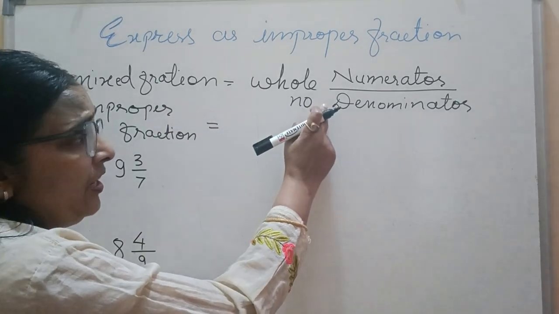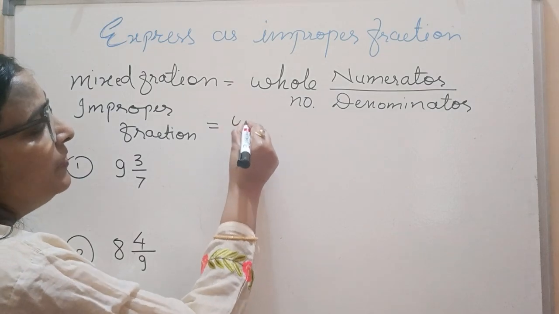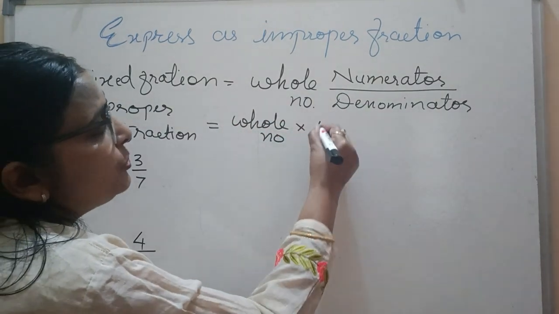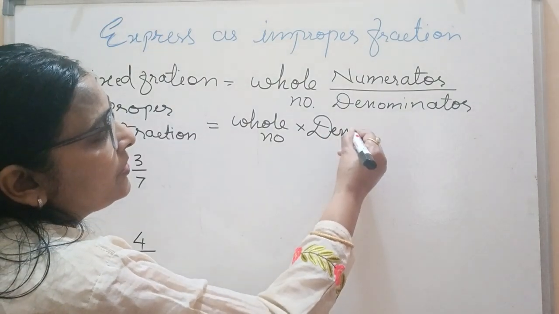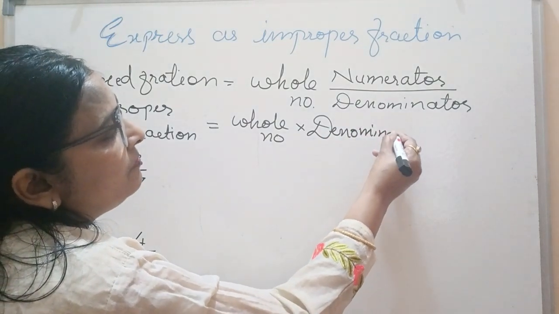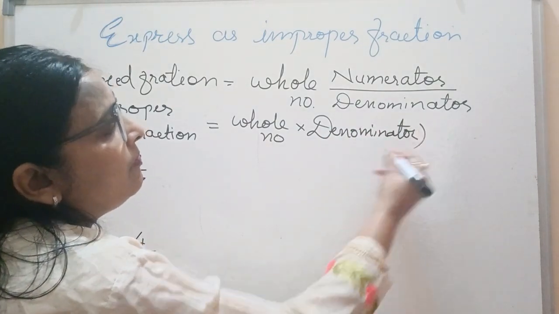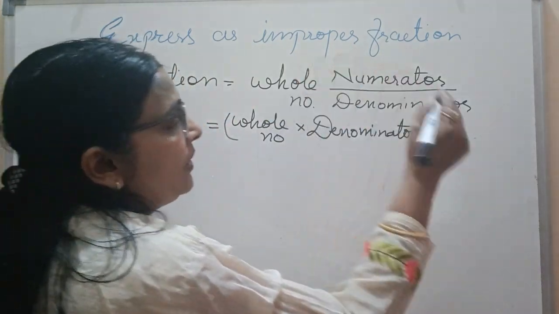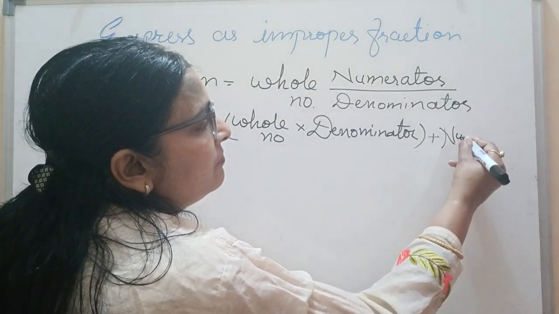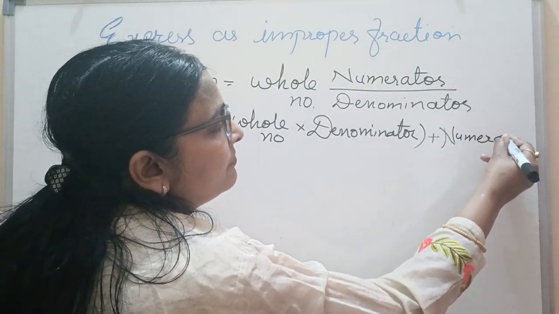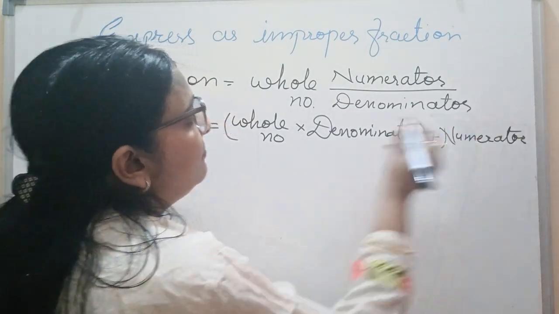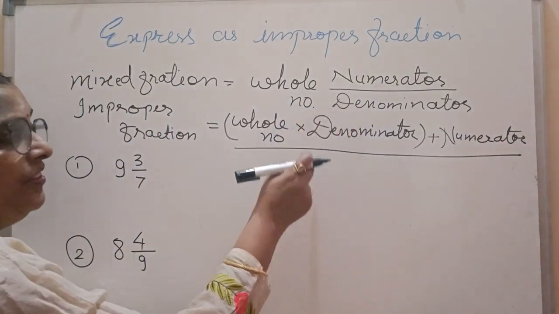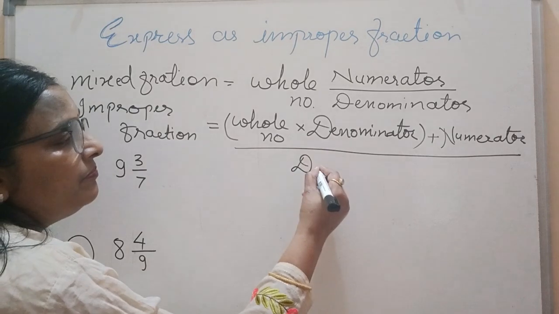Whole number into denominator, plus numerator. And again here denominator.